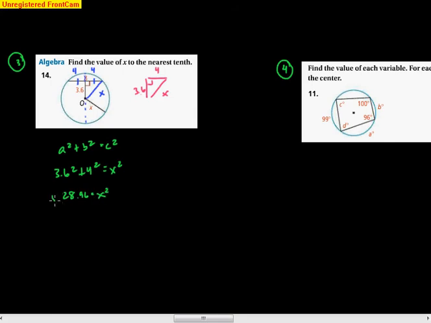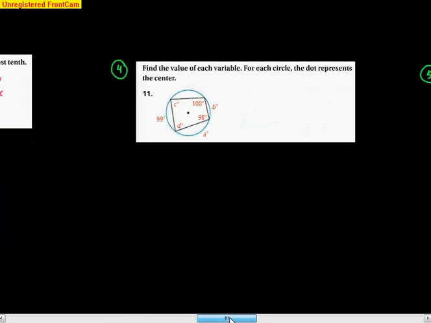That's what x squared is. Take the square root. Again, 2 answers, plus or minus. Just keep the positive one. 5.4-ish. And there's the value of x. So be aware of that radius and the fact that you can move it. Okay, and also, if a diameter is perpendicular to a chord, it also bisects the chord.